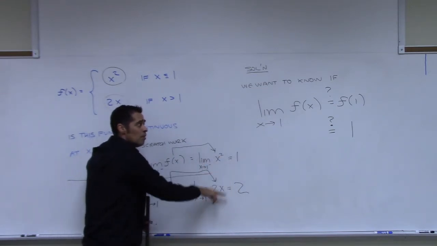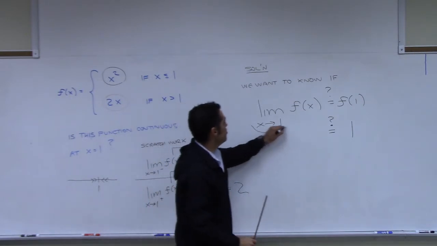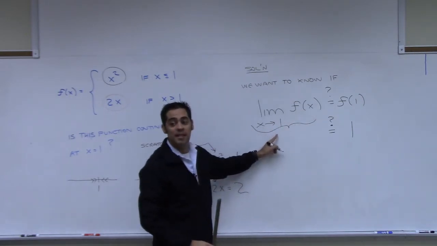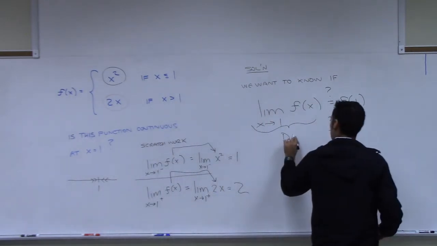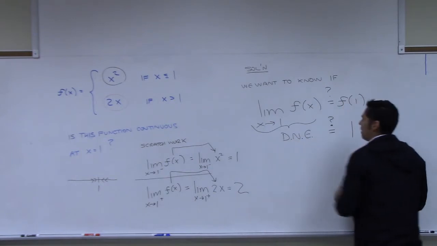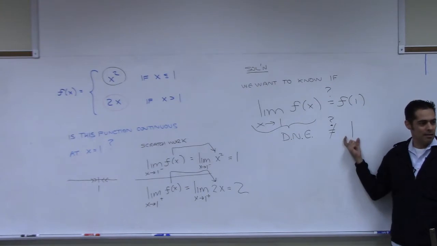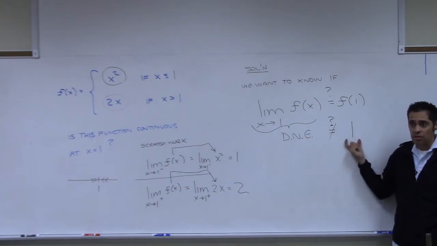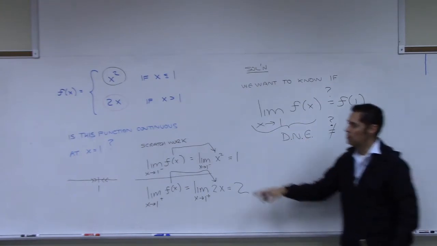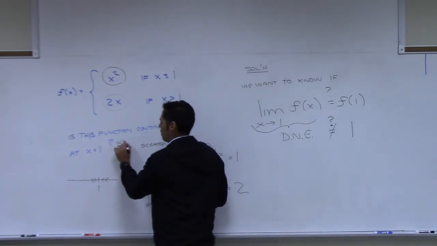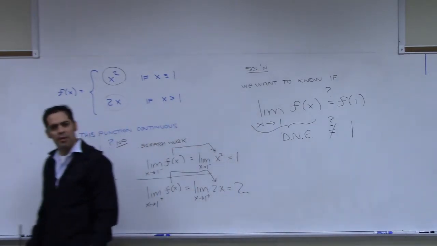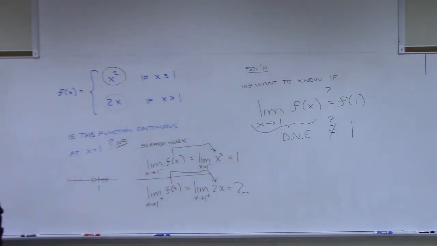And since these two don't match, what is this limit equal to? DNE, does not exist. And does not exist is not the same as 1, right? And since these don't match, the answer is no. It's not continuous. That's quite a bit of work involved there, right? But that's what you have to do.